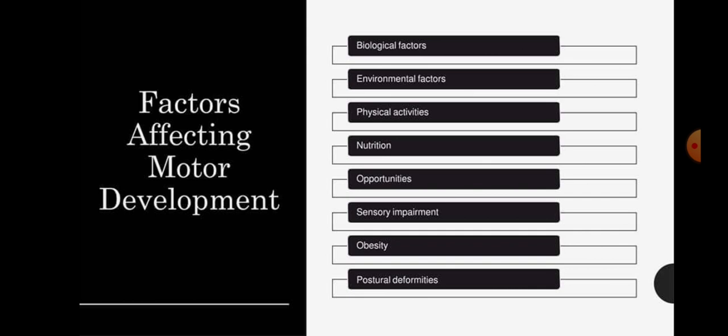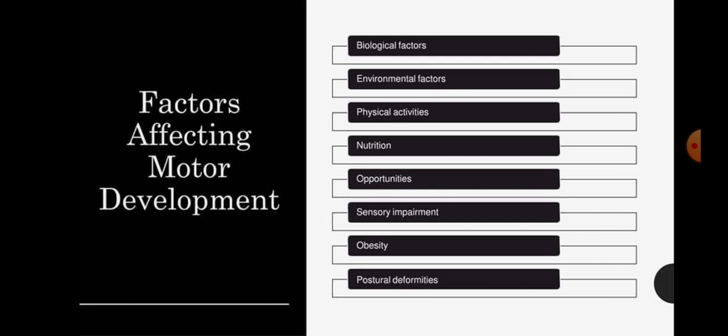If you are not taking sufficient sleep, it will affect motor development. Gender: males have larger muscles and faster development than females. Then social skills also affect motor development. Mental health also affects motor development. So these are the factors affecting motor development.